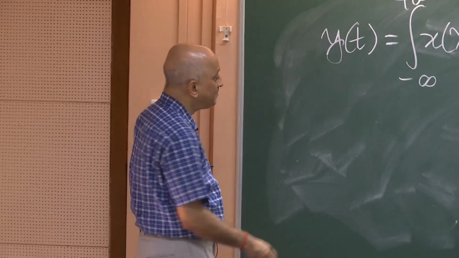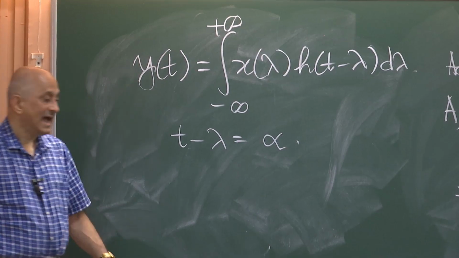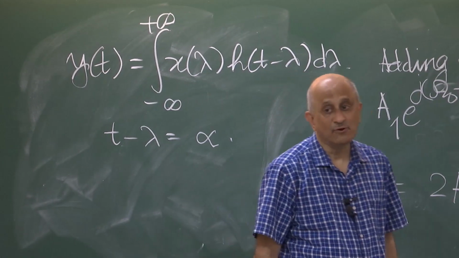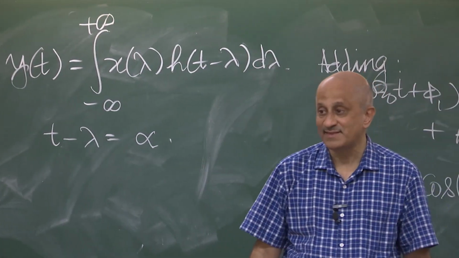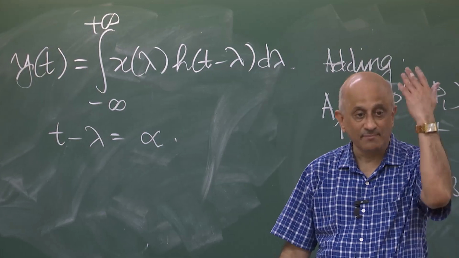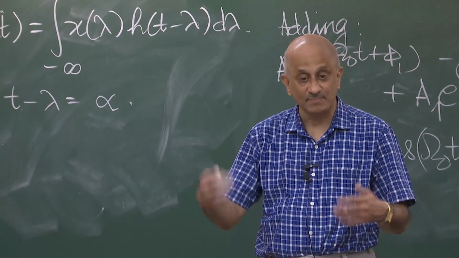So, let us replace t minus lambda by another variable, let us call it alpha. And when lambda runs from minus to plus infinity, alpha will also run from minus to plus infinity. Is that right? In fact, for a given t, it changes from plus to minus infinity.